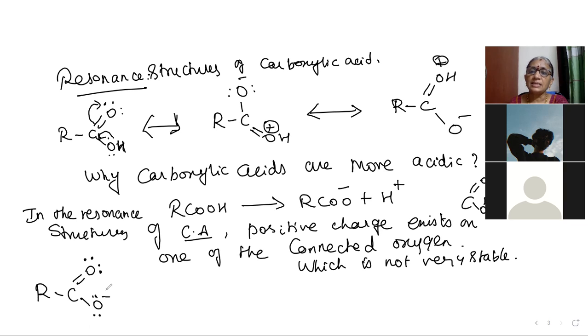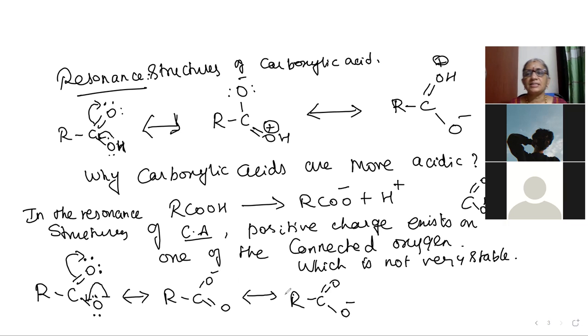Now, during resonance, what happens? You shift this negative charge here, so it becomes a double bond and the other oxygen becomes negative. So what do you have? R C, O minus, double bond O. And when you shift it, you just write it in the reverse way: R C double bond O, O minus.